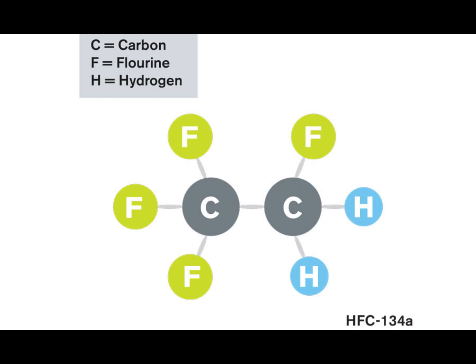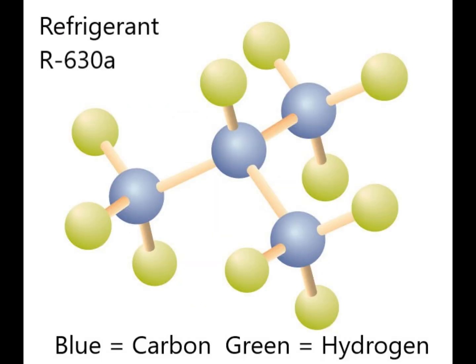But how this ties into global warming is interesting. They realized that this chemical had a high global warming potential, so they had to stop using it and come up with another generation of refrigerants. Here we have a view of one of those new generation of refrigerants, R630A. It's completely carbon and hydrogen.